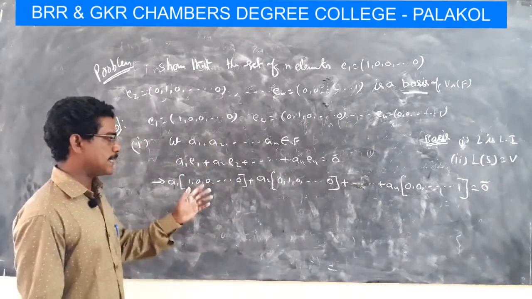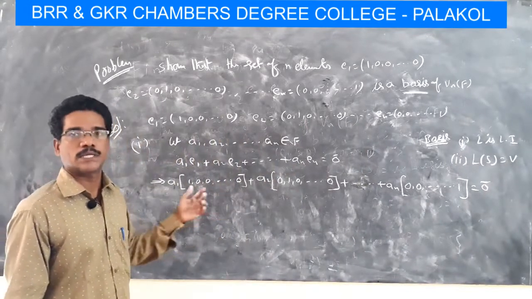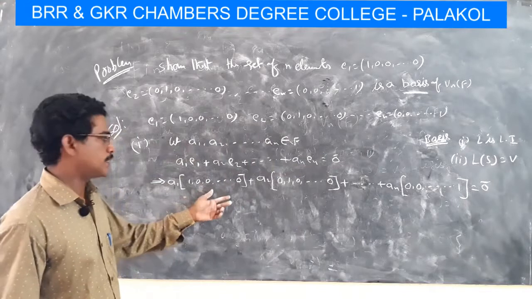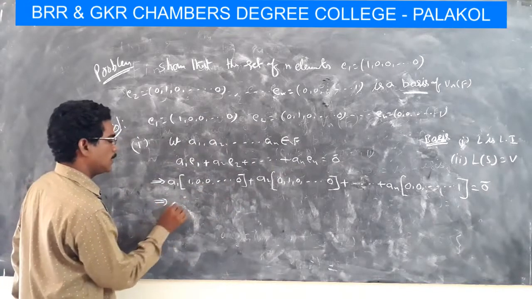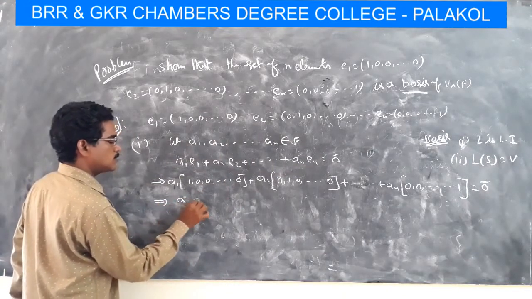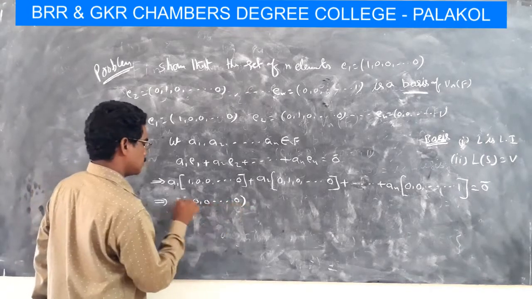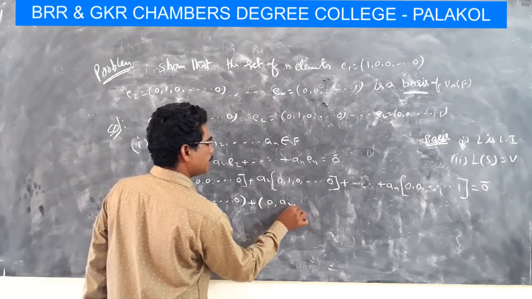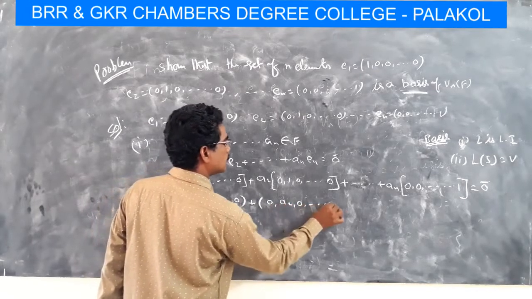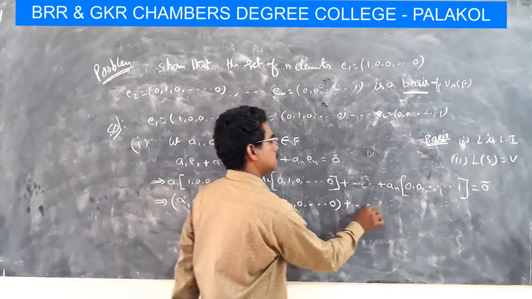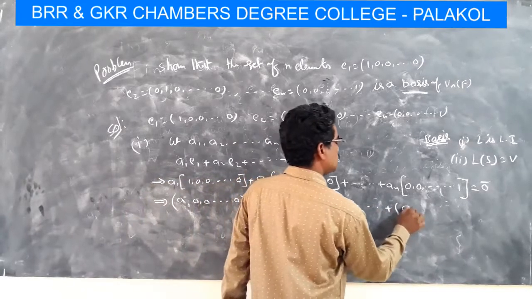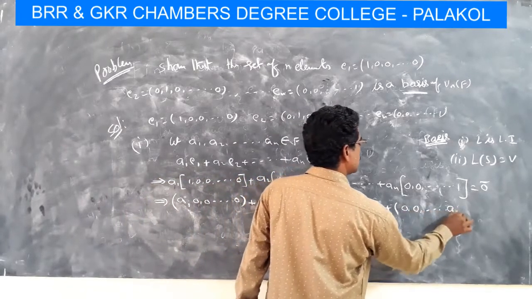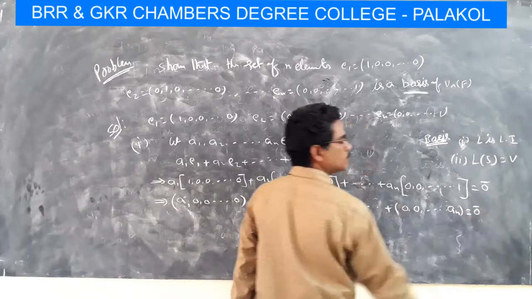Here the scalar multiplication of a vector, then it is (a1, 0, 0, and so on, 0) plus (0, a2, 0, and so on, 0) plus and so on plus (0, 0, up to so on, an) equal to 0.